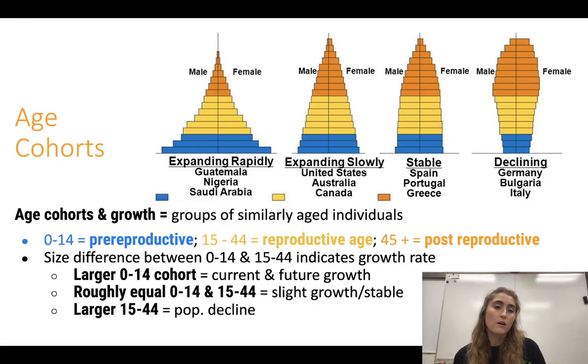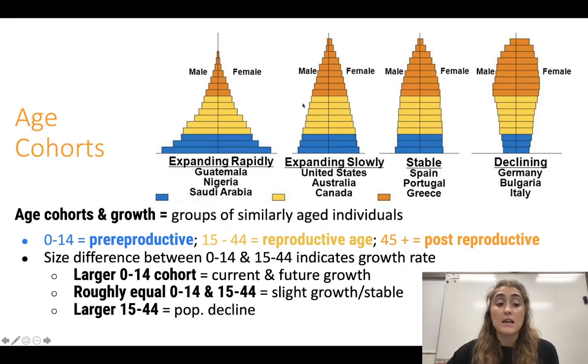So first, what are age cohorts? Age cohorts are going to be groups of similarly aged individuals, and we break them up into three categories. There's the age 0 to 14. These are going to be the blue bars in here. These are the pre-productive population, meaning they are not able to produce any offspring.